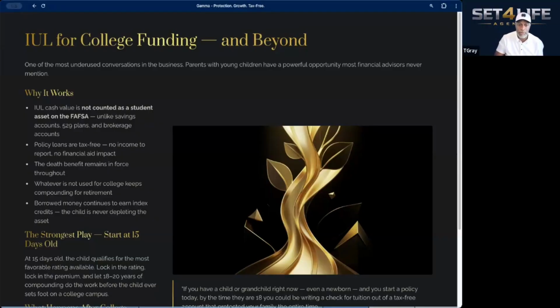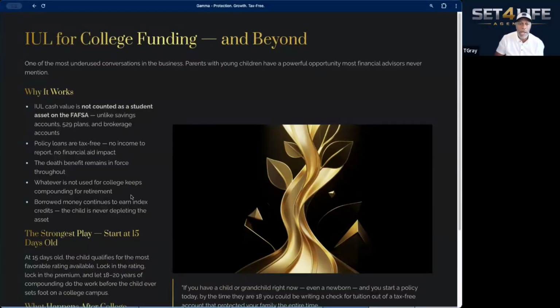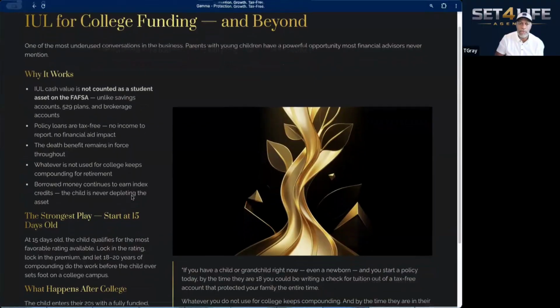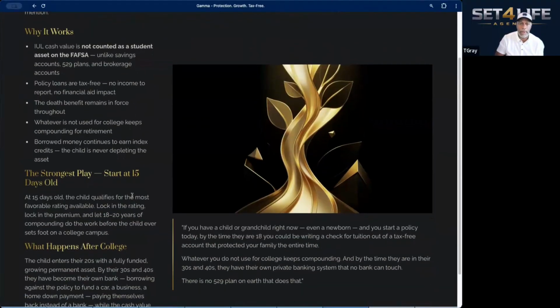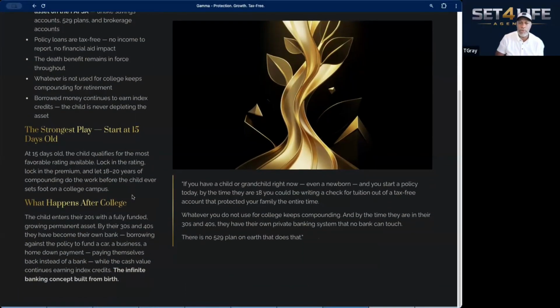There's a death benefit, and whatever's not used keeps growing, and they can use it later in retirement, okay? And the other thing, too, is that when they borrow the money out of the policy, it doesn't come out of the policy. So you never actually deplete the asset. We'll talk about the mechanics in a second, all right?